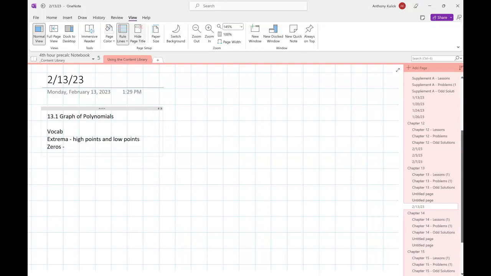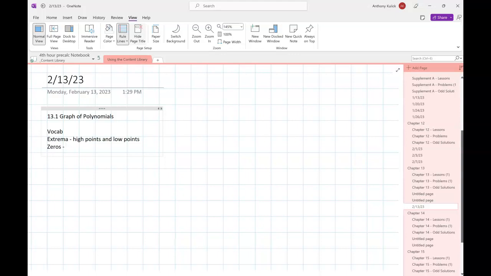And the other piece of vocab here to start with are the zeros. What are the zeros for a graph?